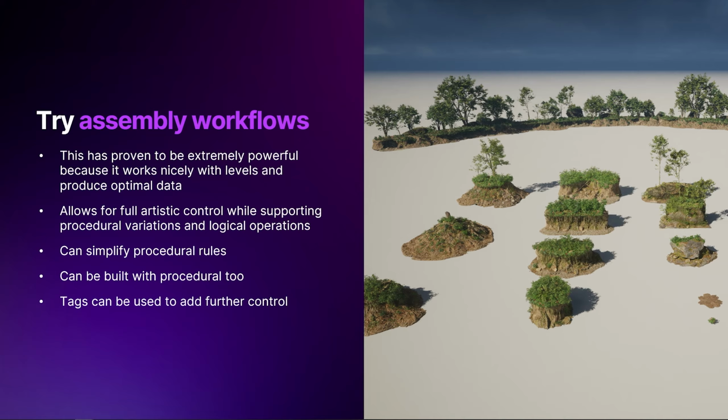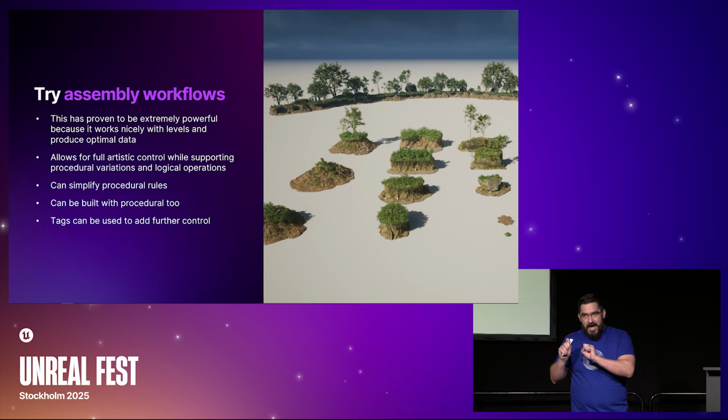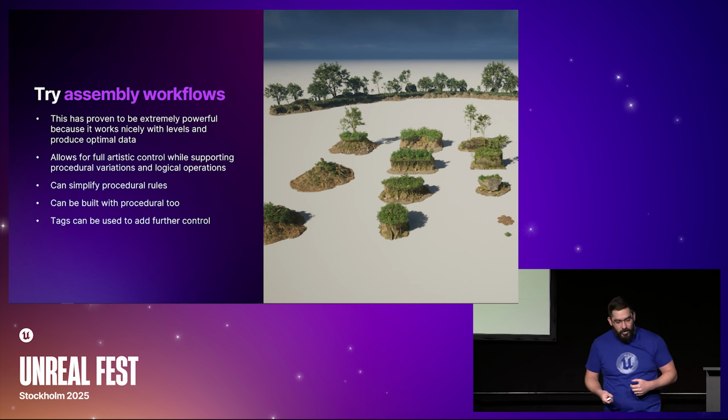Those tags that you set on the assemblies should probably be something you set with an editor utility widget, not making your artists go into every single actor and type out the actor tag that they need, because anytime somebody has to type something out, there's room for error, right? But this lets us define a bunch of really interesting procedural rules. We can build assemblies procedurally as well if we want to.